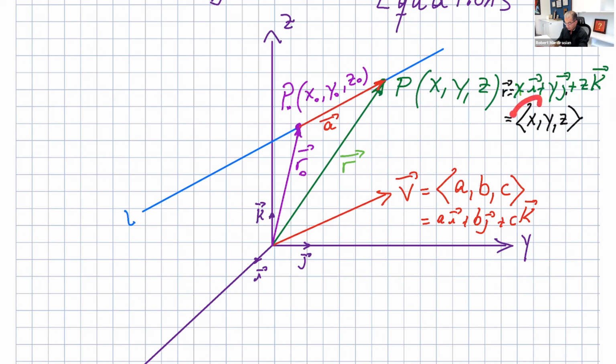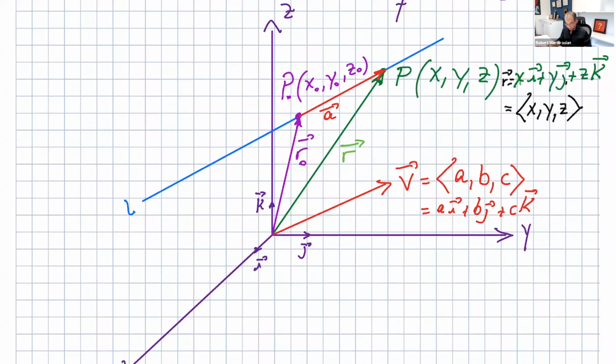That's how you write them. Parentheses are just the coordinates of a point. And for vector V, I just put the different notation here. The components are A, B, C, so you can write that as Ai plus Bj plus Ck.